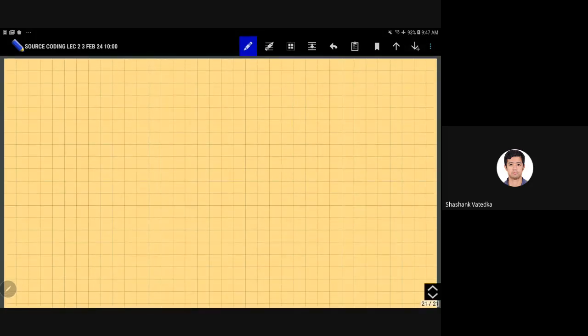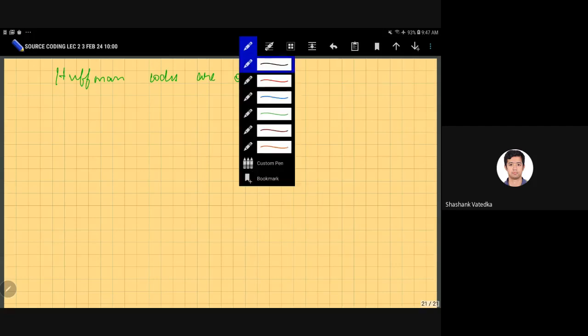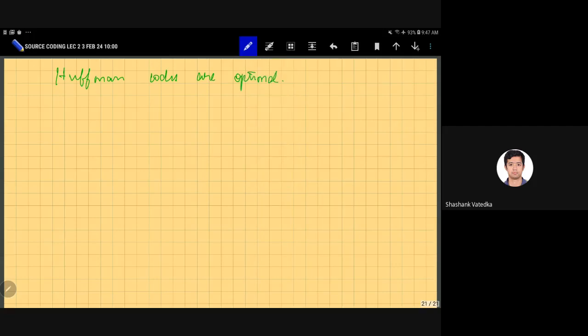So now let us try to prove that Huffman codes are optimal. The proof will basically be via induction on the alphabet size.